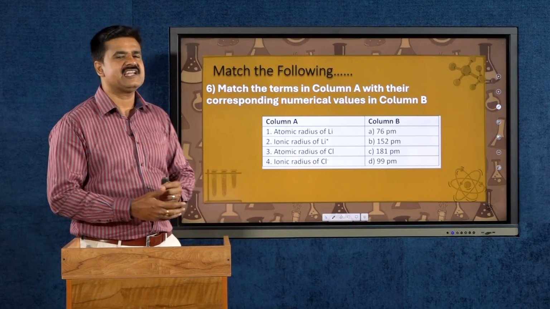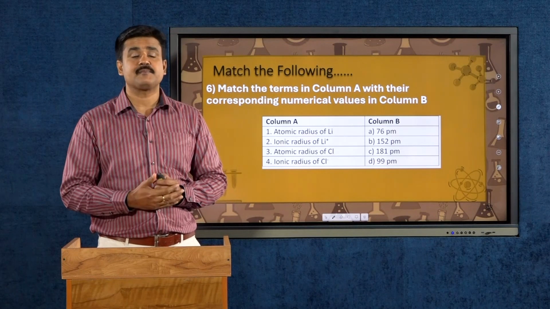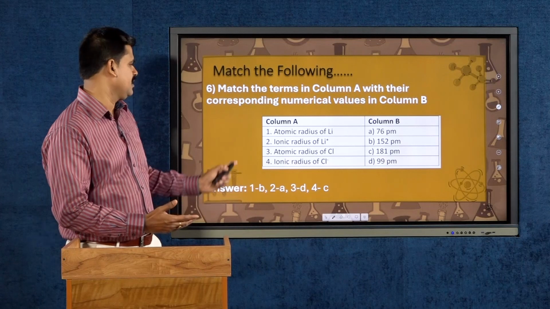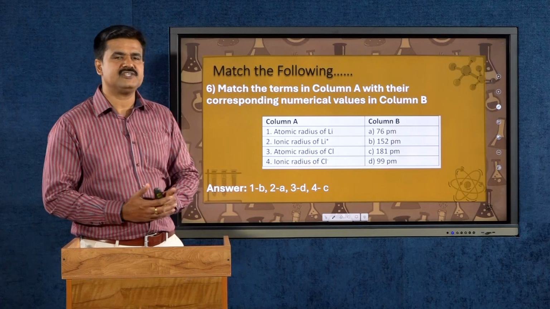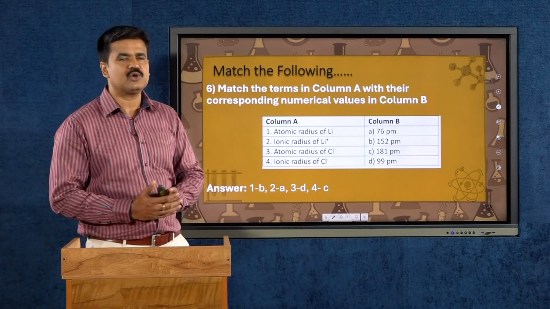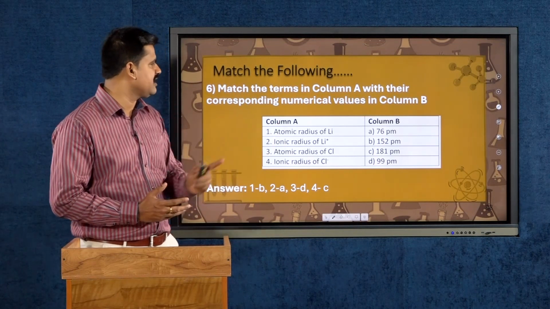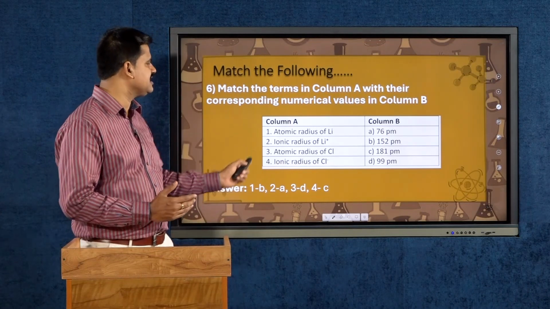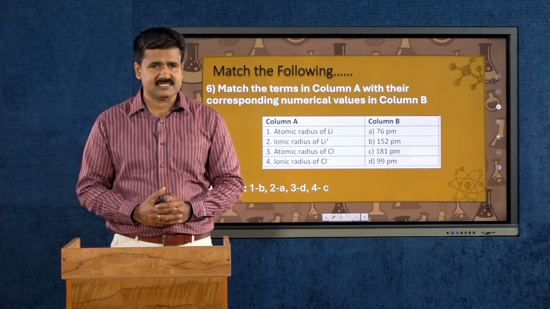Based on careful analysis and by applying the principle that atomic and ionic radius are inversely proportional to effective nuclear charge, you can find the answer as 1B, that is atomic radius of lithium equal to 152 picometer. 2A, that is ionic radius of Li+ equal to 76 picometer. 3D, that is atomic radius of chlorine equal to 99 picometer, and 4C, that is ionic radius of Cl- equal to 181 picometer.